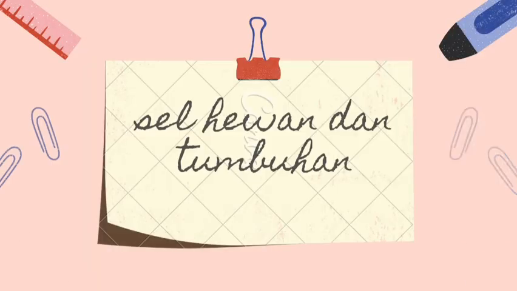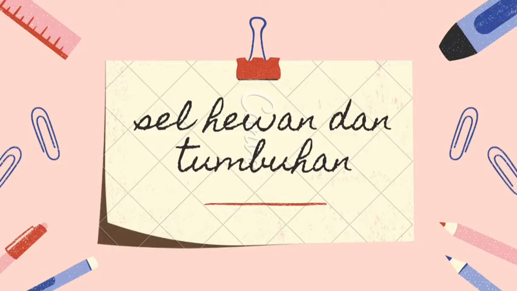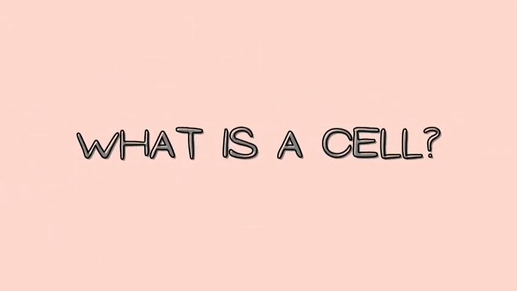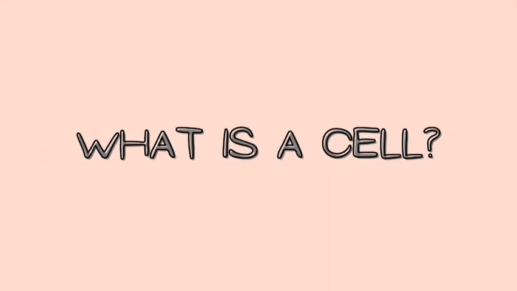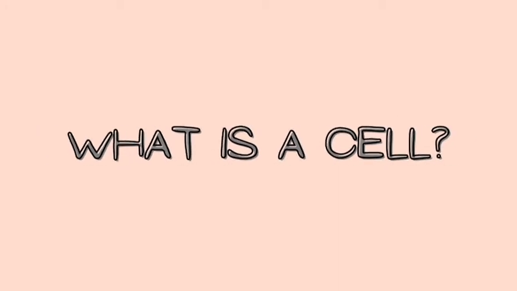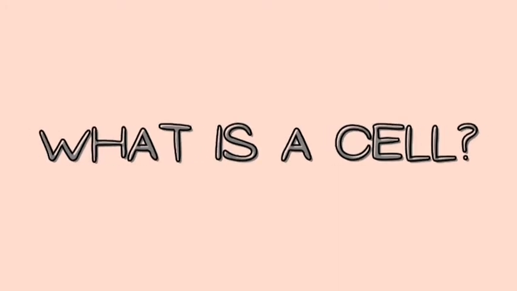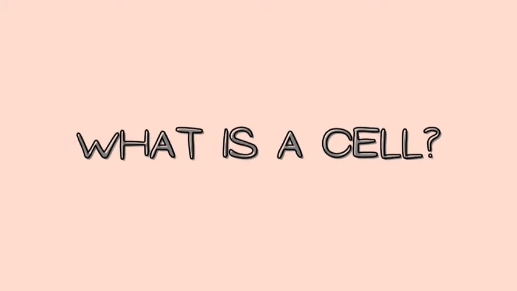Now, I will explain about animal cells and plant cells. Before I explain about animal and plant cells, you must first know what a cell is. Cells are the structural and functional units of living things.